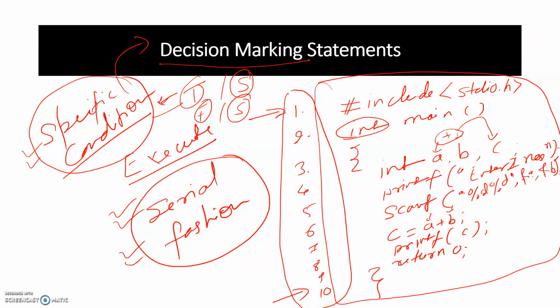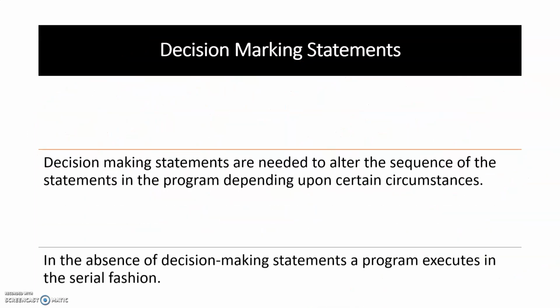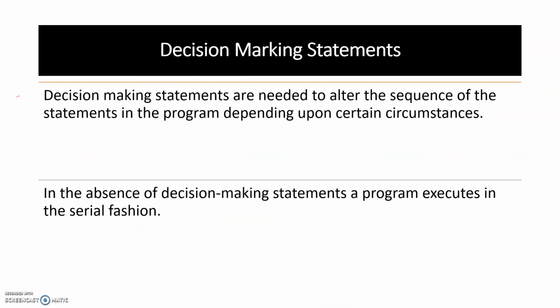Now we'll see some important points for decision making statements. Here you can see I have specified 2 points, number 1 and number 2. I will first explain the second point. In the absence of decision making statements, what will happen? A program executes in a serial fashion.